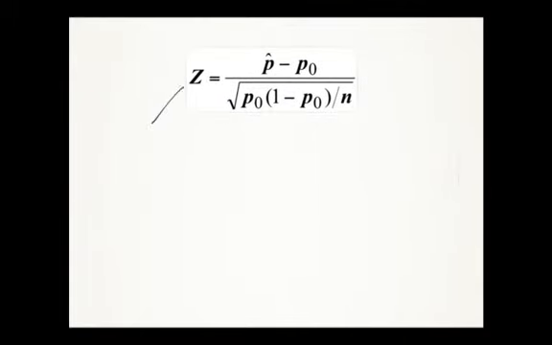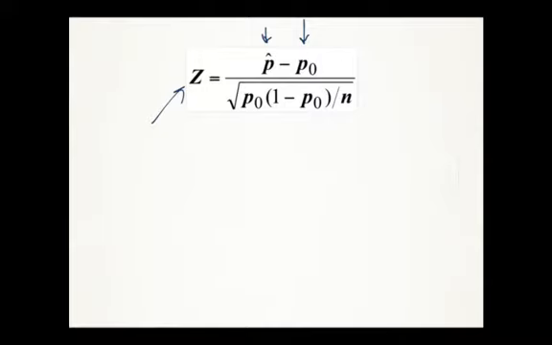Remember, we use z for the standard normal, and we always took an estimate minus its mean divided by the standard deviation. Okay, so that's what's going on here. Just the same format that we've used before. Okay, and so we compare the value of this z to the standard normal distribution.